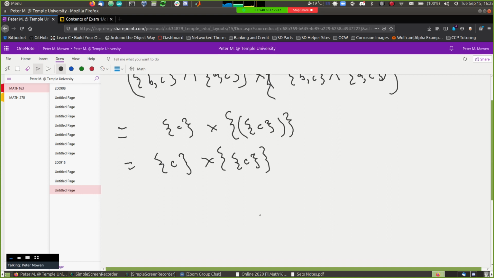So then what's the algorithm for the Cartesian product of two sets? Right, we draw the word tree.